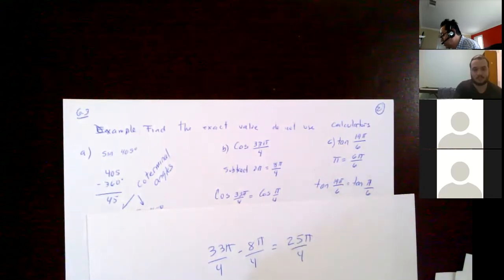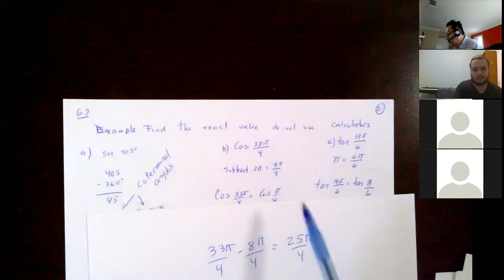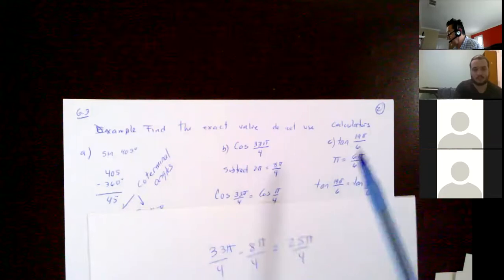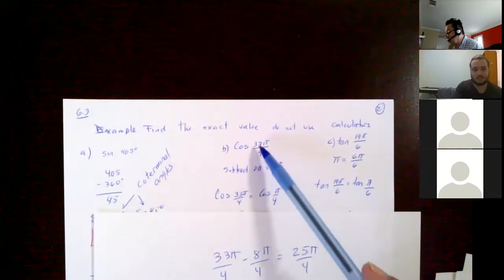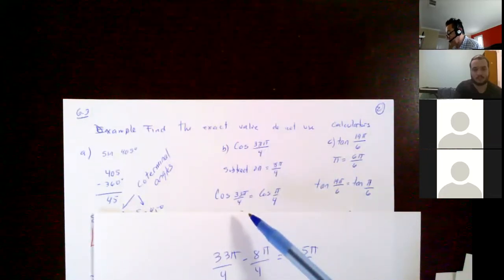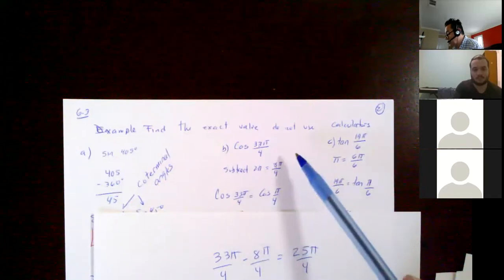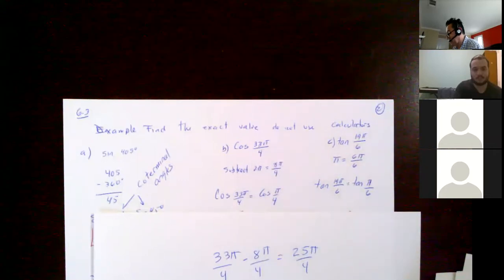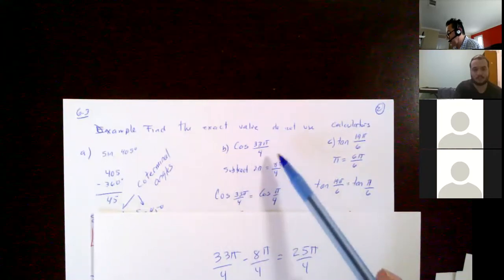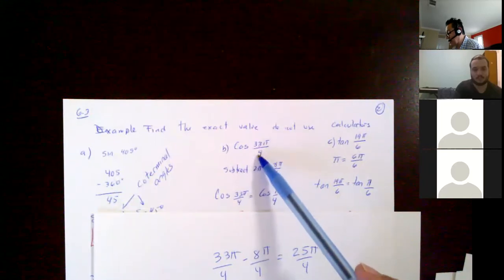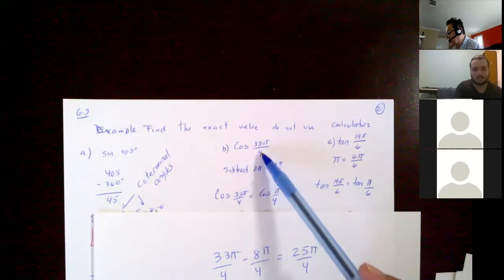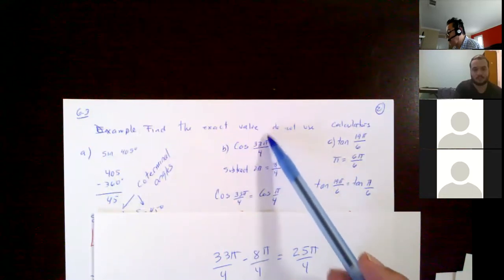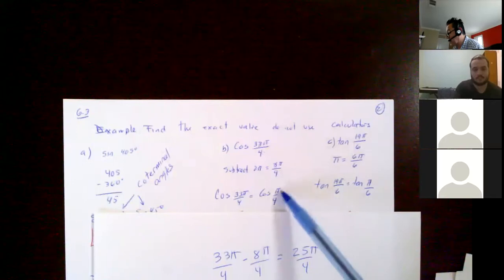And if we keep subtracting, another way to do it is to ask how many times 4 goes into 33, which is 8, and how many are left. 4 goes into 33 8 times, because 4 times 8 is 32, but since we have 33 pi, 1 pi is left, which is pi over 4 right here.